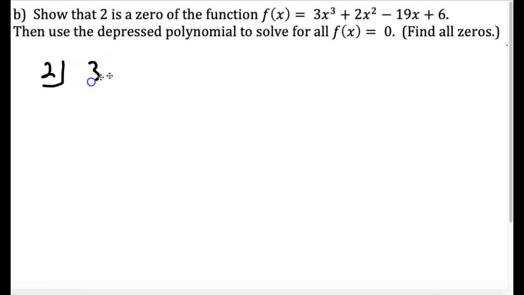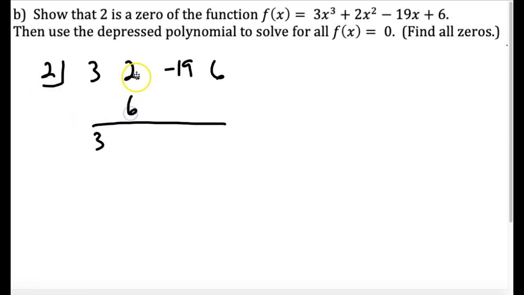So write down my coefficients, and let's divide. Bring my 3 straight down. 2 times 3 is 6. Add, multiply, add, multiply.